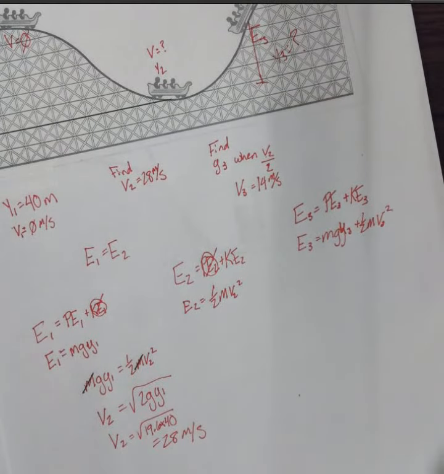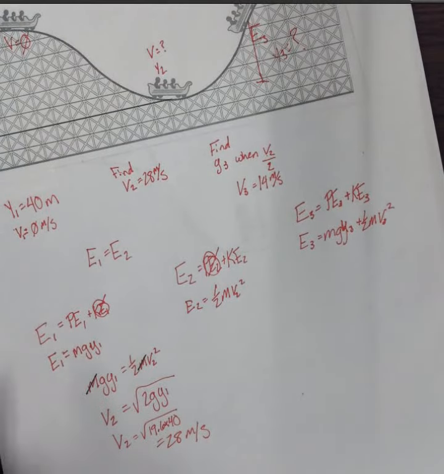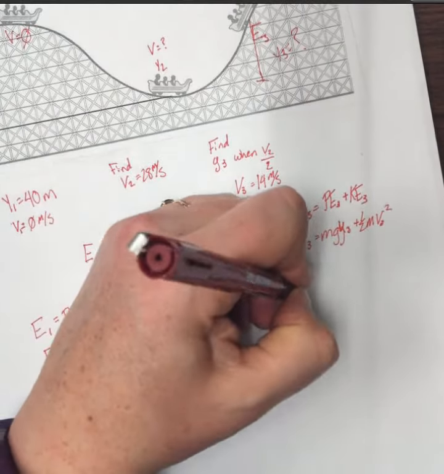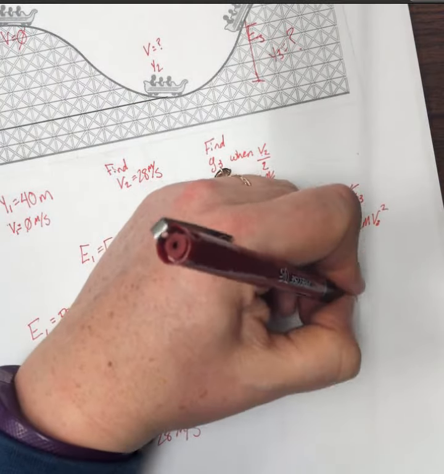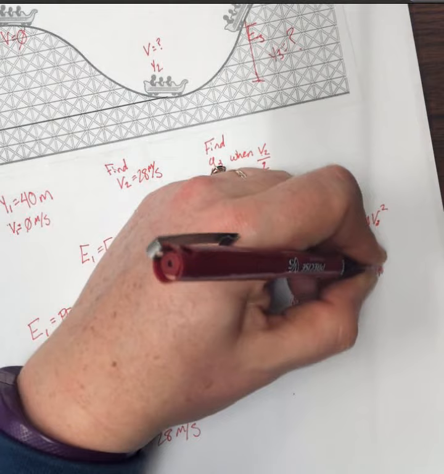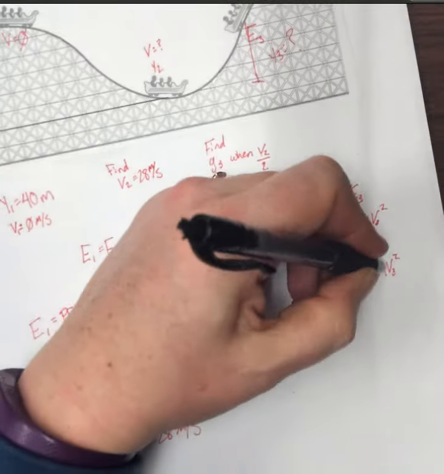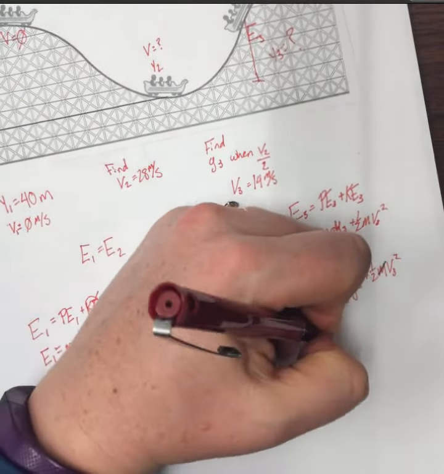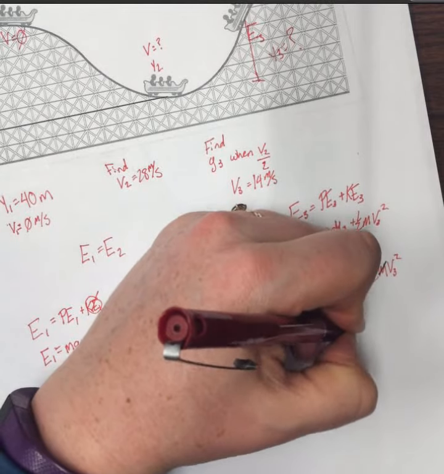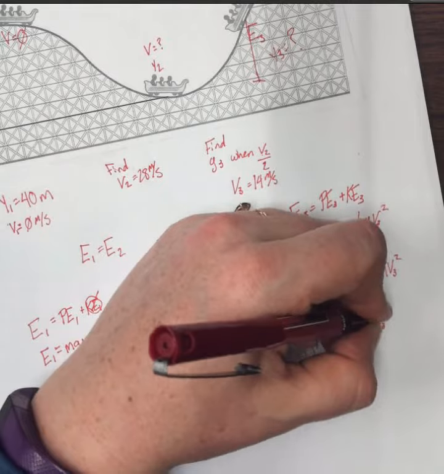So we could choose whichever one we wanted and we would be able to solve. Just for the heck of it, I'm going to use E1. So I'm going to say that mg Y1 is equal to mg Y3 plus 1/2 mv3 squared. I'm going to eliminate my masses. And that means that gy1 equals gy3 plus 1/2 v3 squared.